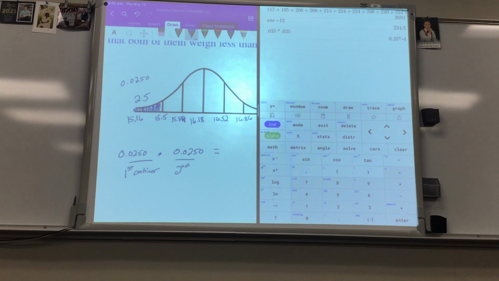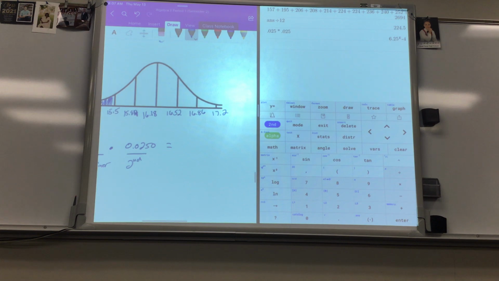You guys get that on your calculator, the E? You guys remember what that means? It's 4 decimal places. If your calculator shows 6.25 e to the -4, that's saying times 10 to the -4. Scientific notation, you guys remember that?